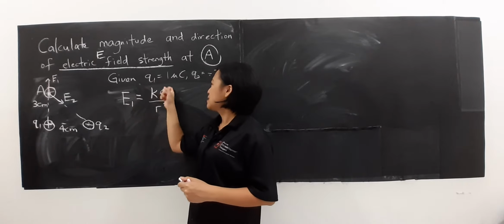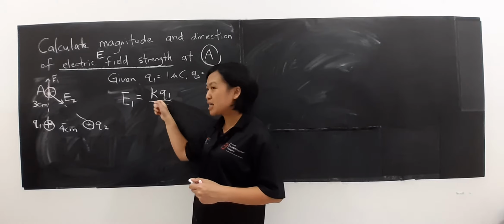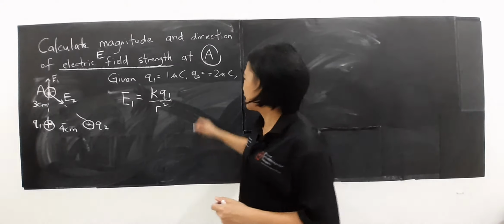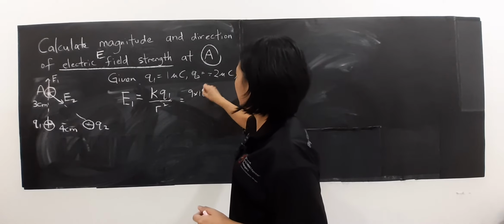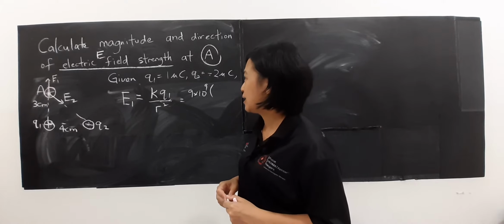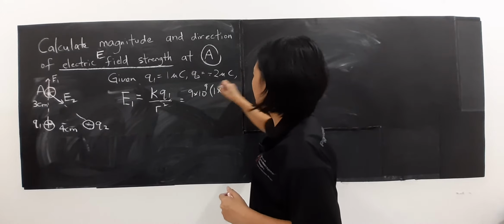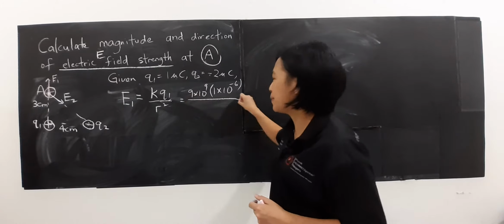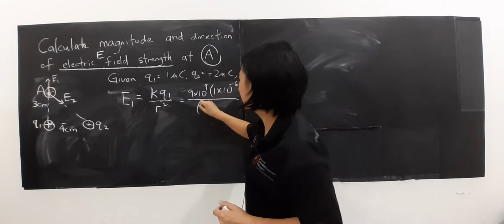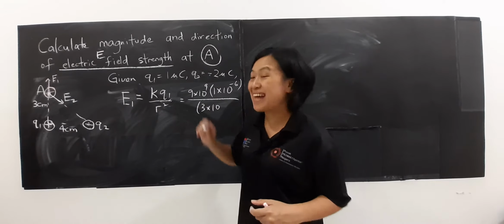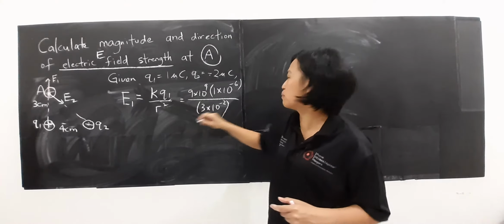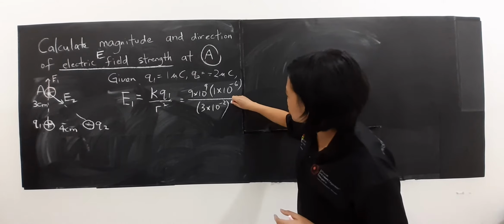Remember this formula. Since Q1 produces the electric field, we have to substitute Q1. Okay? Then we substitute 9 exponent 9 multiplied by the value of Q1, 1 exponent micro negative 6, divided by the distance between Q1 and point A, which is 3 cm. 3 cm. Cm stands for negative 2, and then don't forget, according to this formula you have to square it. You have to square it, okay.